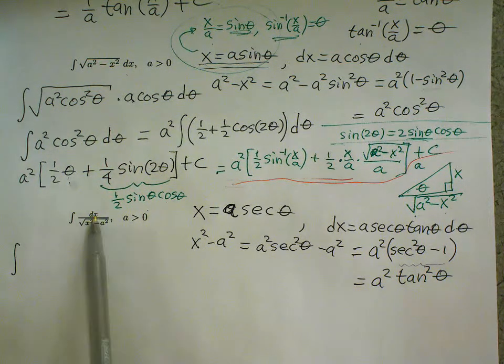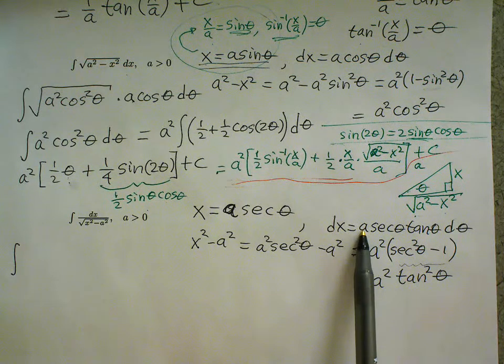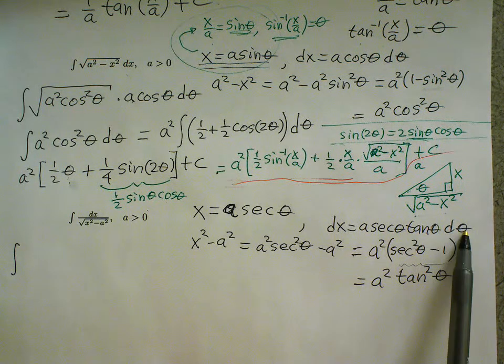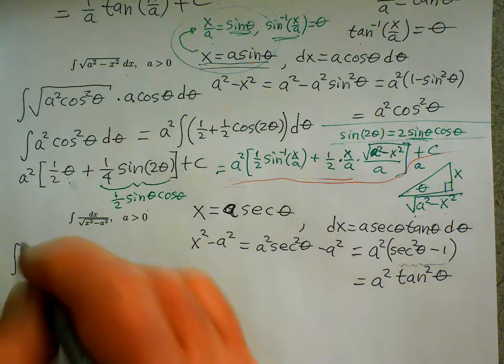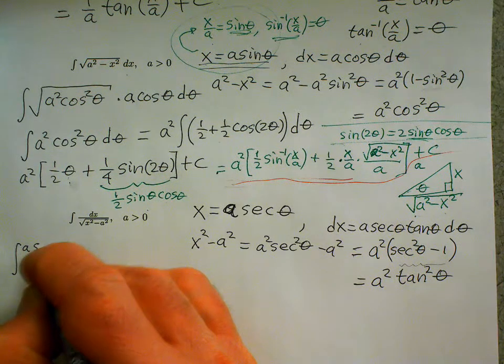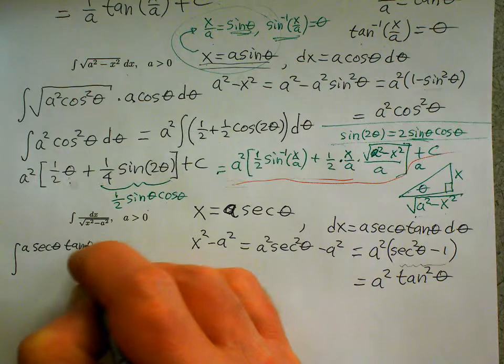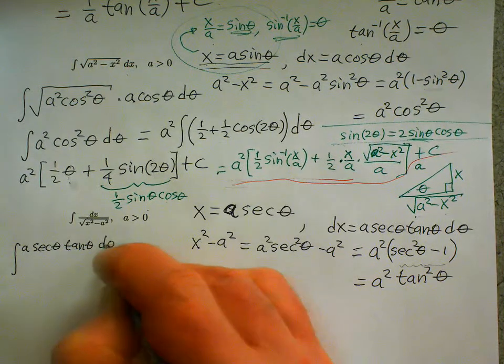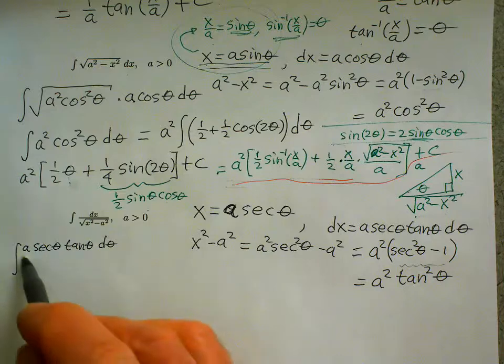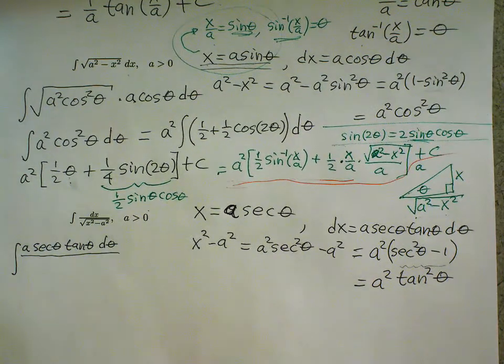We can put dx equals a times secant of theta tangent of theta d theta all in the numerator. And in the denominator, we have the square root of a to the second times tangent of theta to the second.